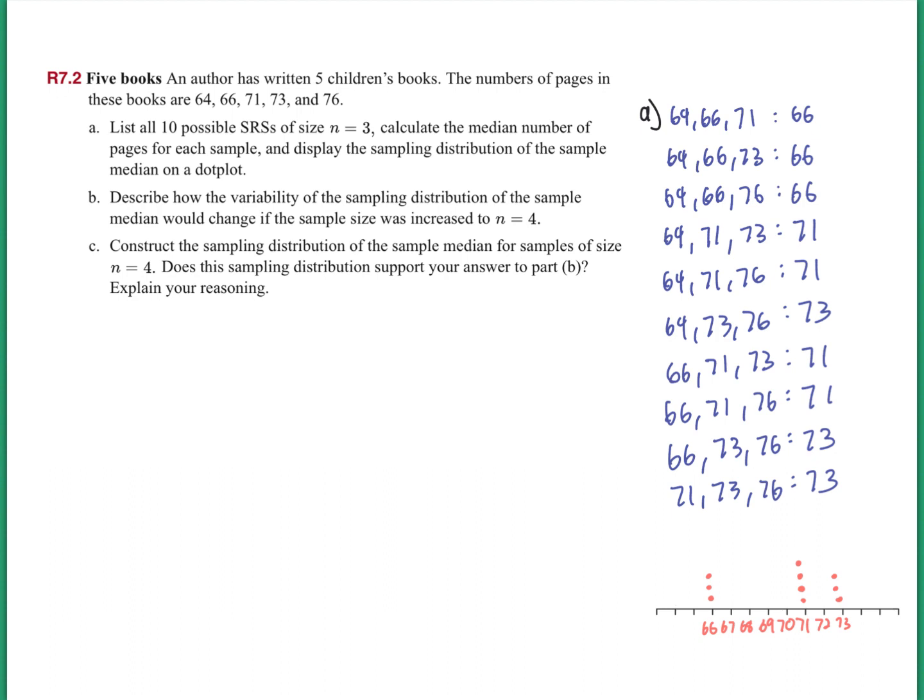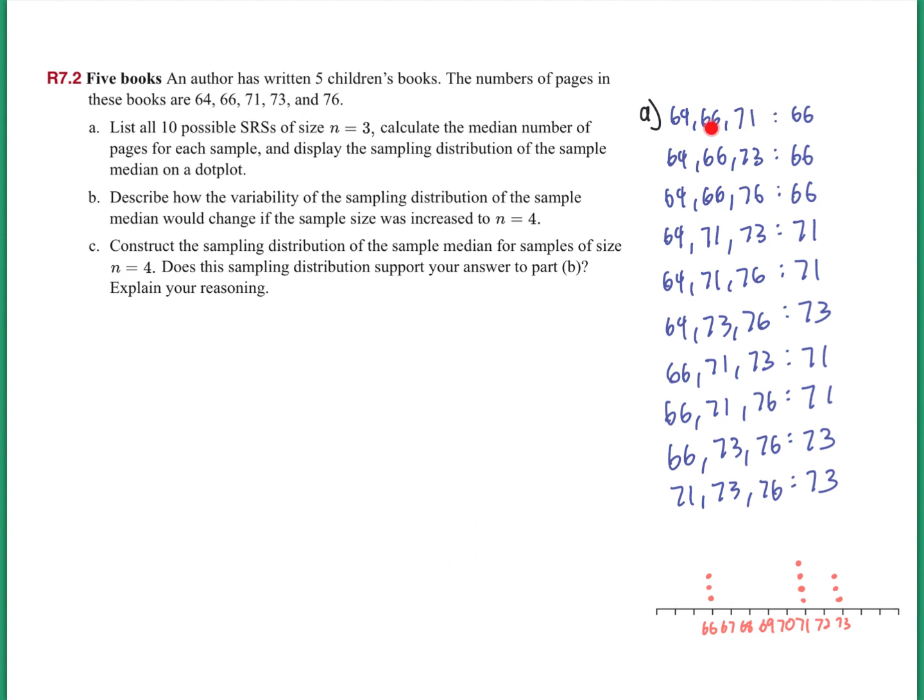So part B, describe how the variability of the sampling distribution of the sample median would change if the sample size was increased to n equals 4. Okay, so this is the sampling distribution for size 3, right?